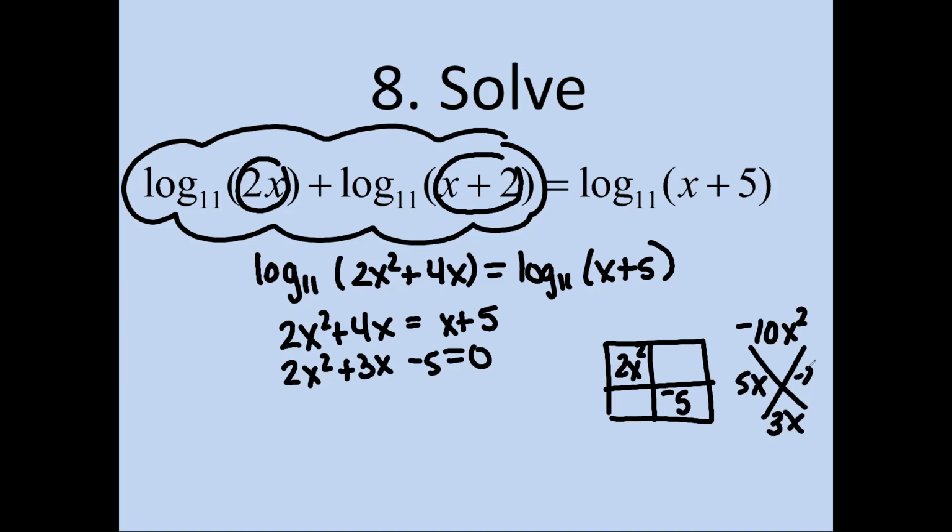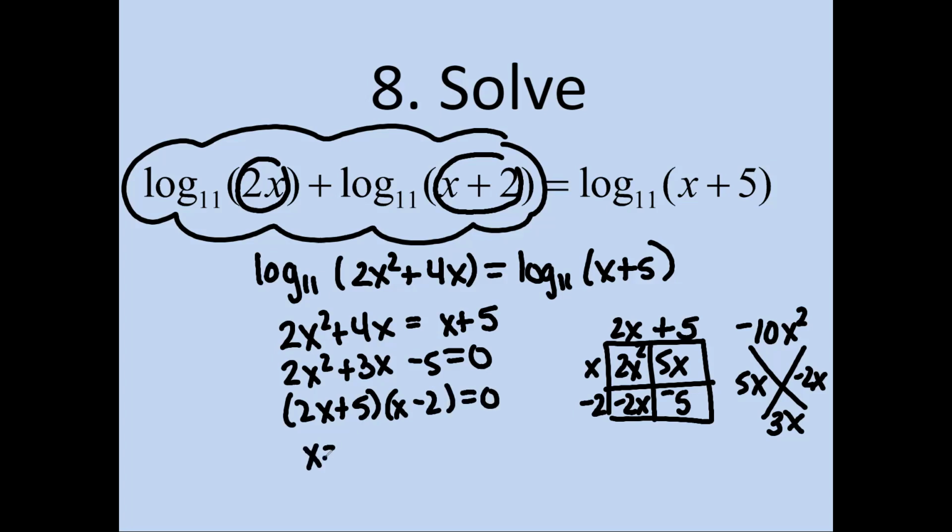So 5x and negative 2x. So that's going to be a 2x and an x, a plus 5, a minus 2. So I'm going to get a 2x plus 5 times an x minus 2 equals 0. So I'm going to get a negative 5 halves, and I'm going to get a positive 2.